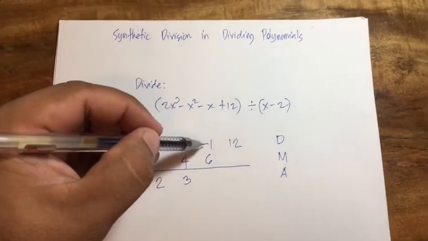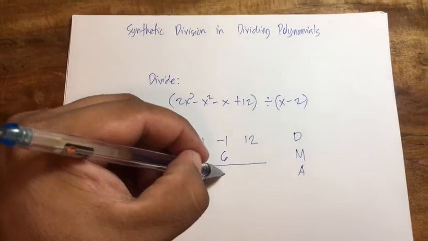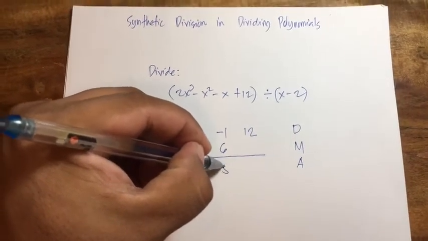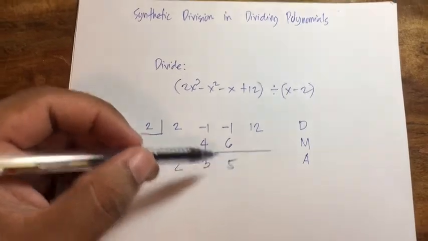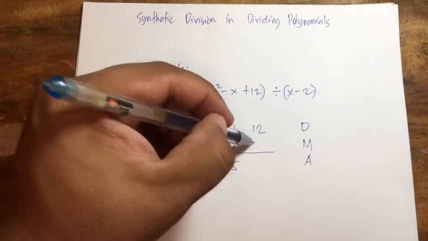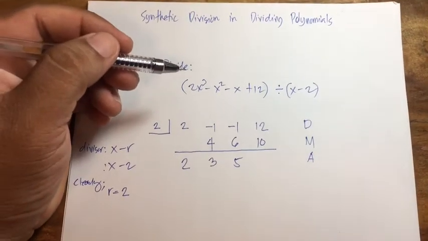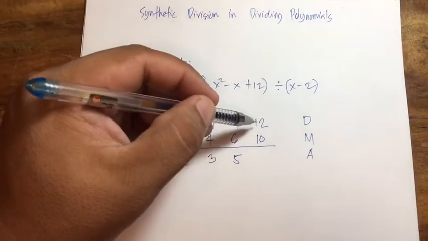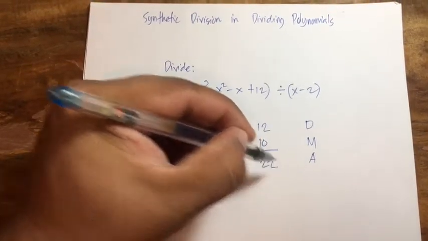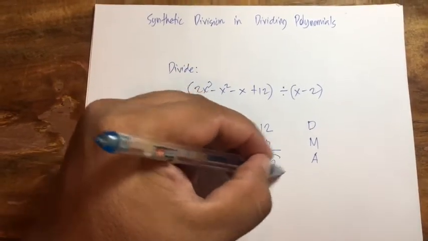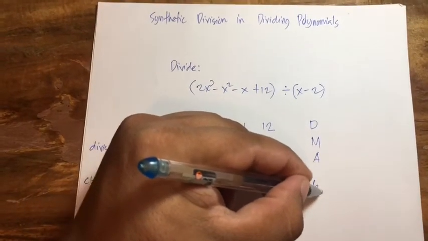Then add again. Negative 1 plus 6 is 5. Then 5 times 2 is 10. Do you follow? Then the last part: 12 plus 10 is 22. So this 22 is our remainder value.